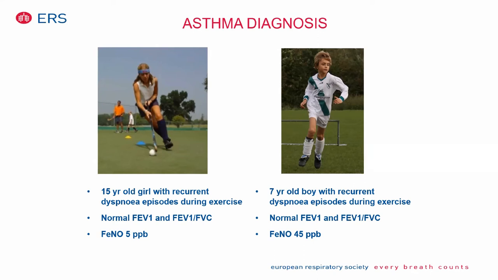Well, if you measure FeNO and the girl has a normal FeNO, maybe you will think that this girl might have vocal cord dysfunction or another problem, or just not be trained. Maybe she has asthma, we cannot say, but you will rather think about this. And on the other hand, with the boy that has a FeNO of 45 ppb, a hint of allergic airway inflammation, you will rather think this child might have asthma.